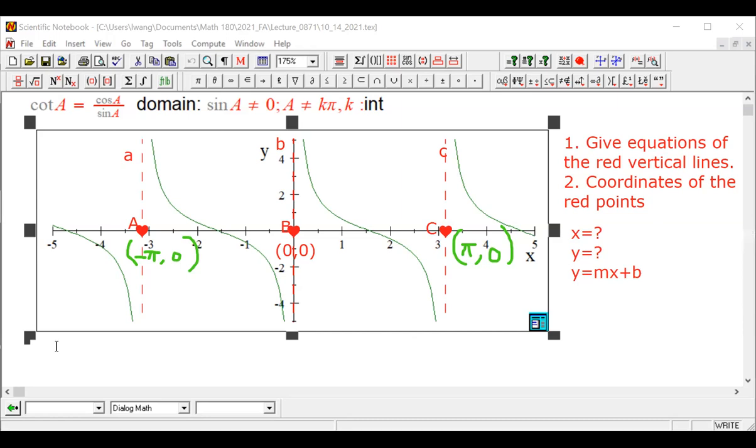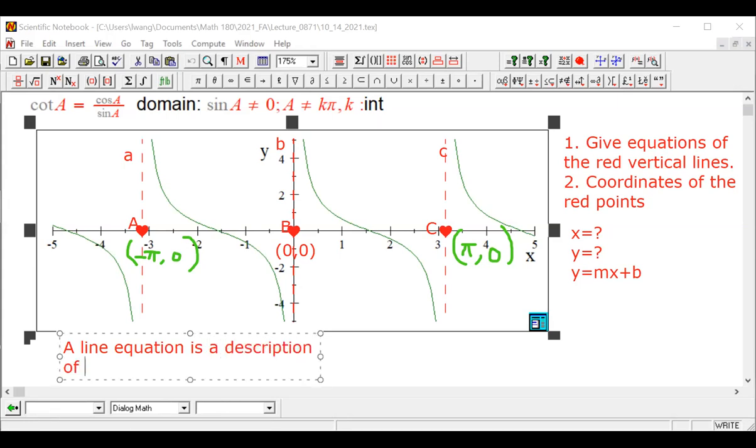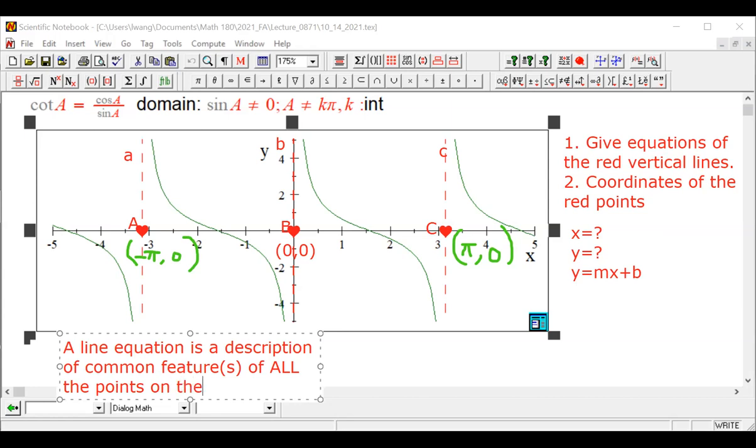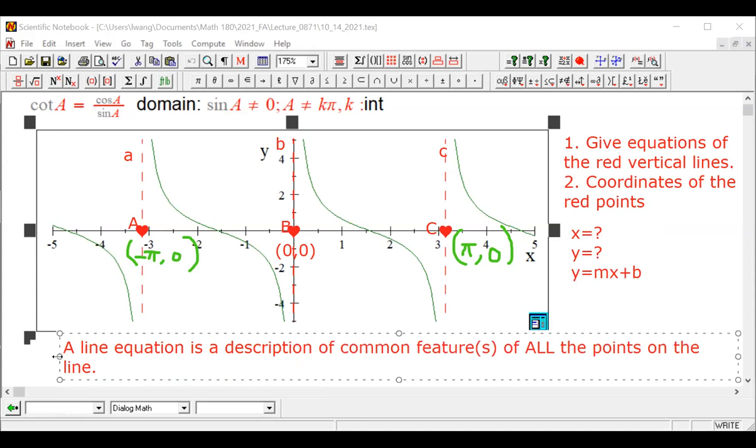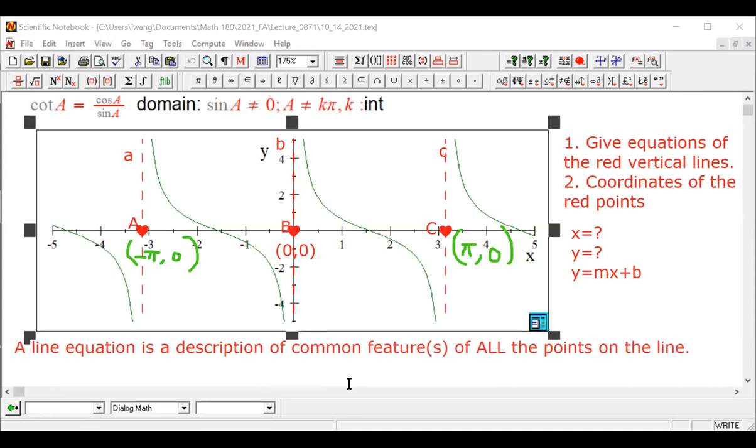A line equation is a description of a common feature, or features, of all the points on the line. That's the essence of a line equation.